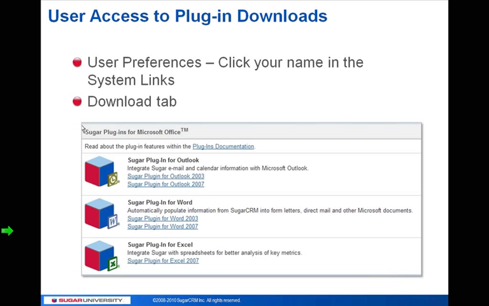Okay, so if you don't have this 6.0, if you've got an earlier version, make sure you go to your download page where you've downloaded Sugar, and you'll have all the other options available to you for all your other plugins. Okay?